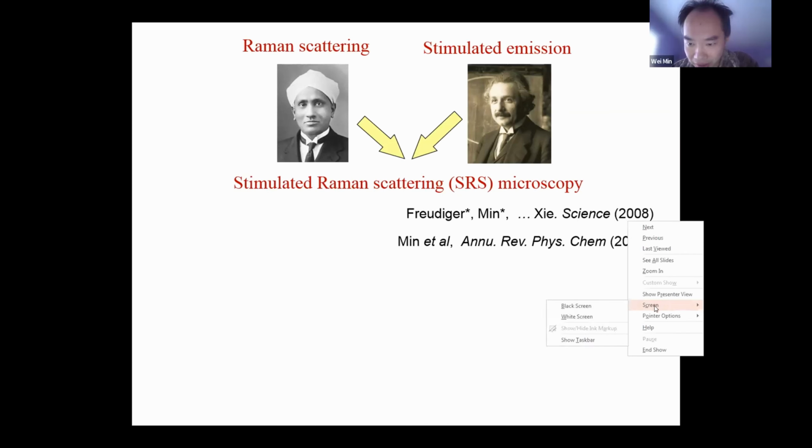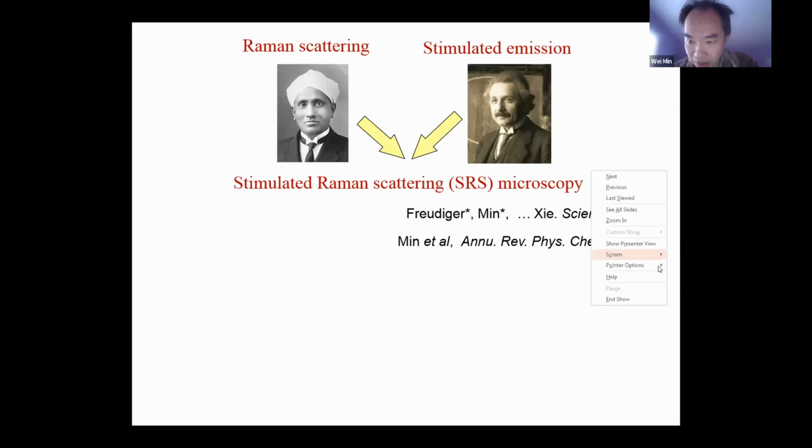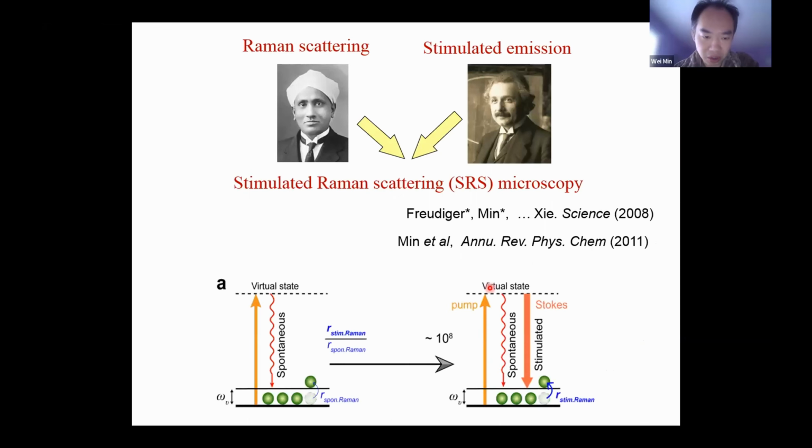If you look at the energy diagram of stimulated Raman scattering, it's actually rather straightforward. In regular Raman, you use a pump laser, and then you wait for vacuum fluctuation, essentially, for the Stokes photon. But in stimulated Raman, instead of waiting for this vacuum fluctuation, we input a strong laser beam. When the energy difference between the pump and the Stokes matches the energy of vibration, this joint action will accelerate the rate by a huge factor.